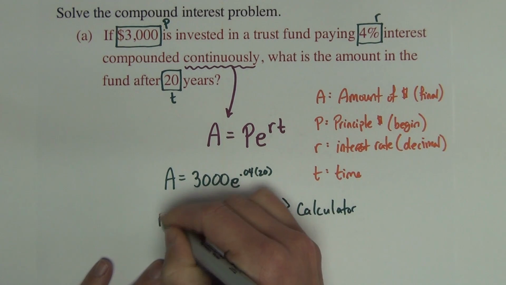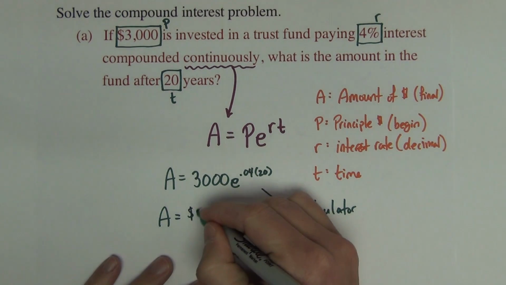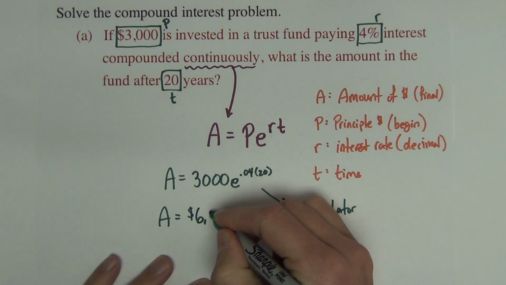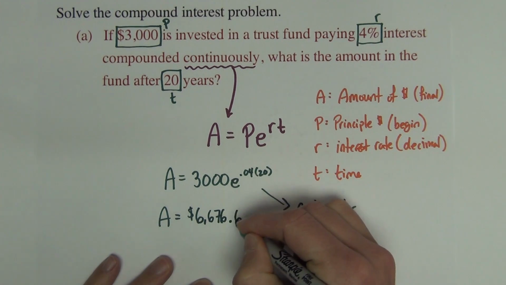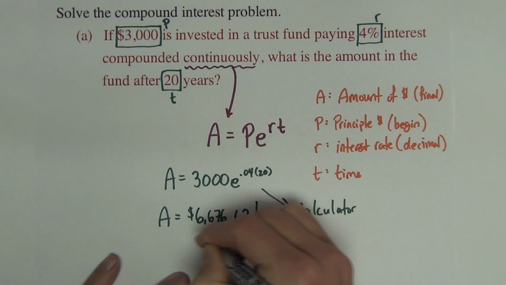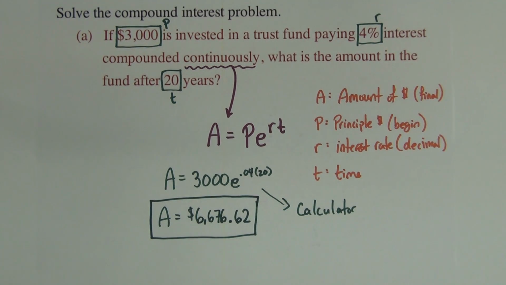You're just going to type this into the calculator. So I've got on my calculator 3,000 times e raised to the 0.04 times 20. Get both those numbers up into the exponent, and I get 6,676.62. 2 decimal places seems appropriate here as we are talking dollars and cents.